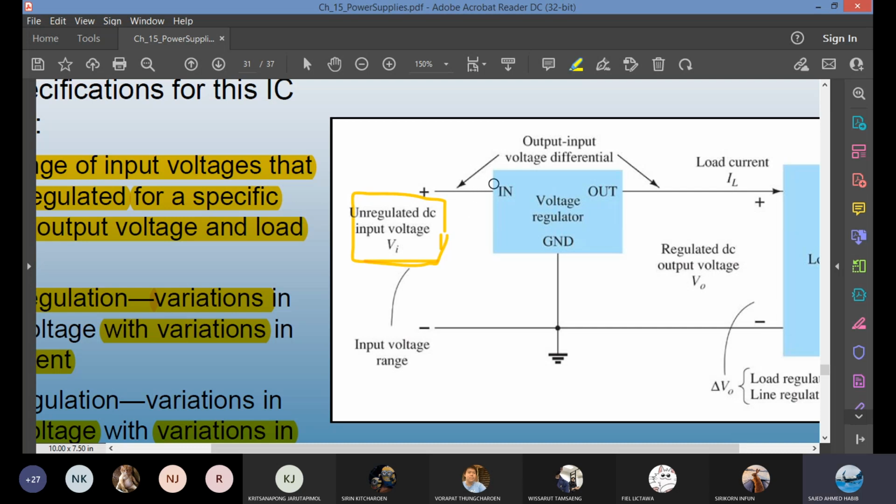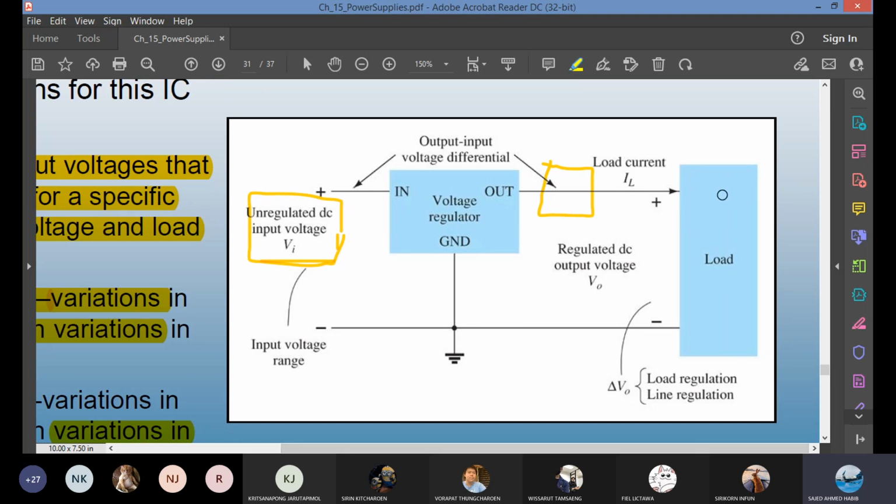The output pin is supposed to provide you a steady DC voltage with a certain amount of current. You connect it with the load, and then ground on both sides. So the third pin of the voltage regulator is a ground pin: in, out, and ground.